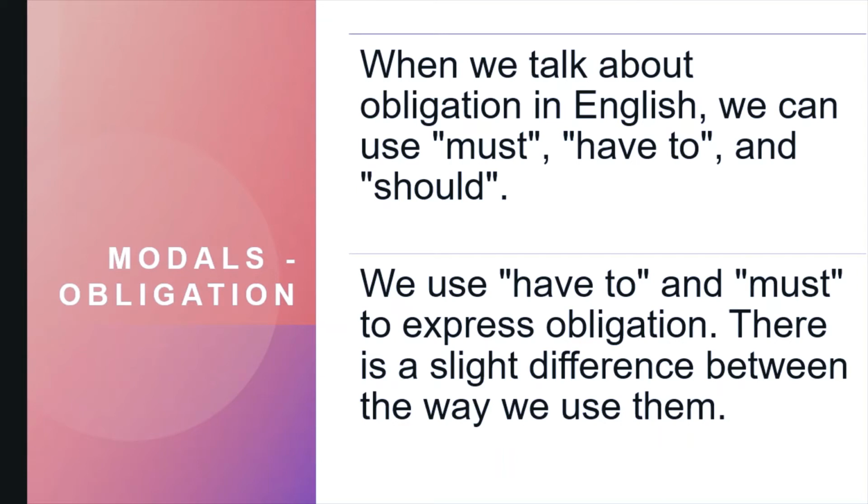When we talk about obligation in English, we can use must, have to, and should. We use have to and must to express strong obligation. However, there is a slight difference between the way we use them.